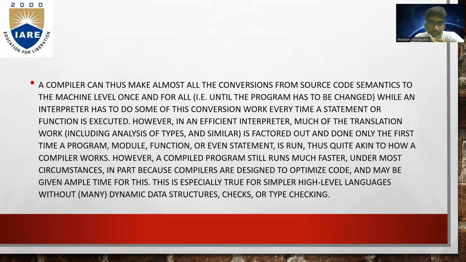A compiler can thus make almost all the conversions from source code semantics to the machine level ones, and for all, that is, until the program has to be changed, while an interpreter has to do some of this conversion work every time a statement or function is executed.